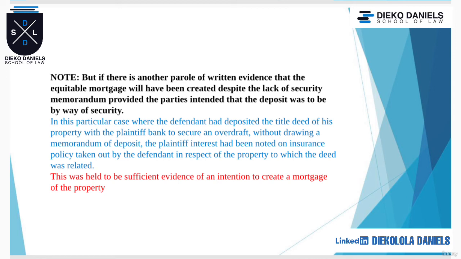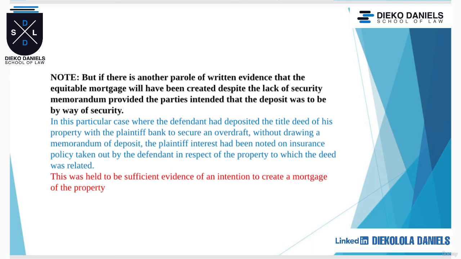So obviously you can infer that if that could be in a written form, where the defendant, while taking out the insurance policy, could say, yes, under this insurance policy, the title deed is not with me, the title deed is with the plaintiff because it's a form of security for a particular loan.